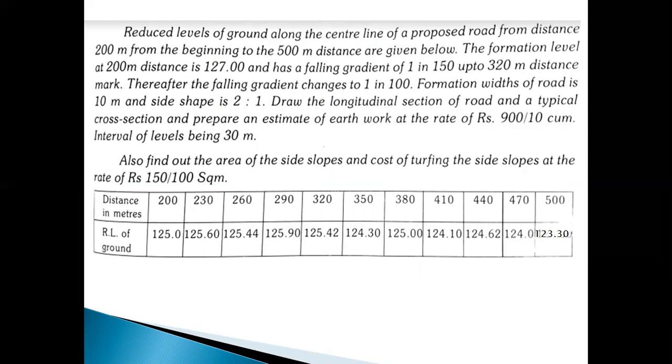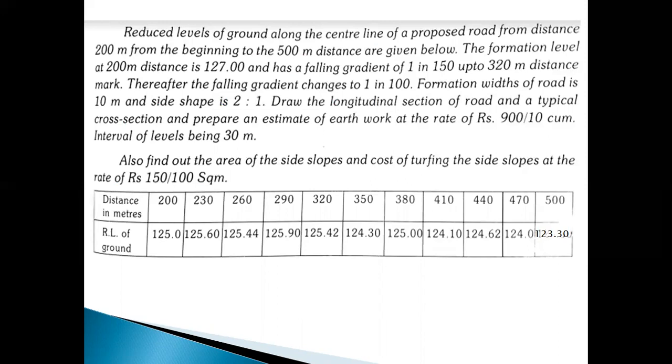Reduced levels of ground along the center line of a proposed road from a distance of 200 meters from the beginning to 500 meters are given below.